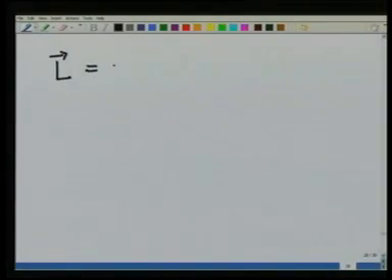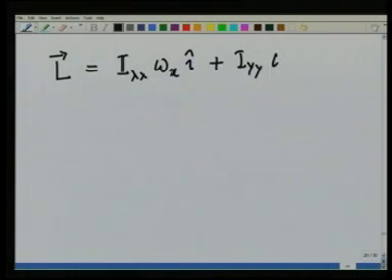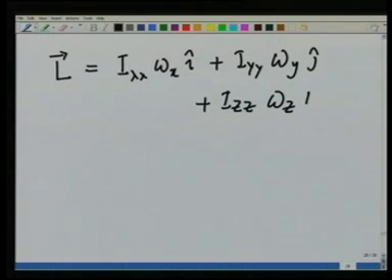So, therefore, I can write, by taking components along the principal set of axes, I x x omega x in i direction, I y y omega y in j direction, plus I z z omega z in k direction.